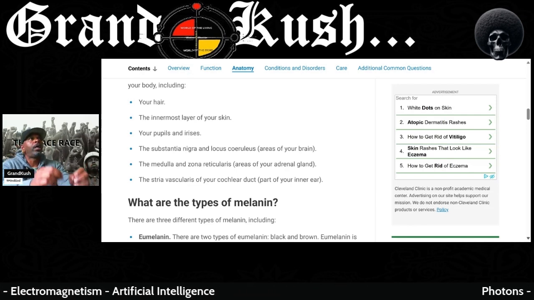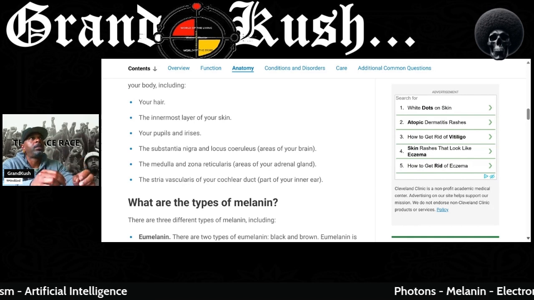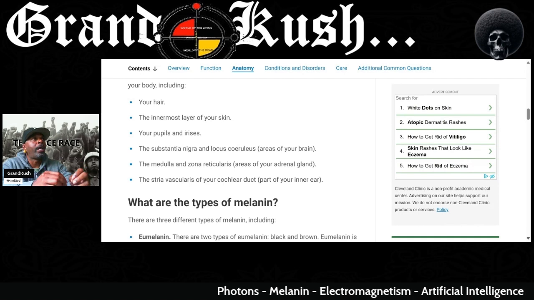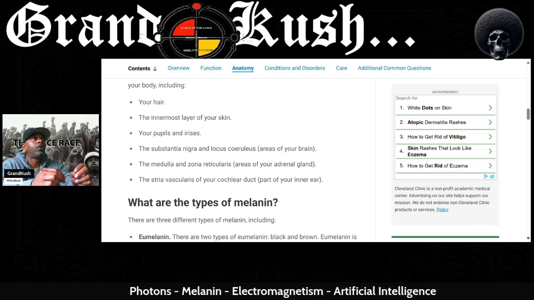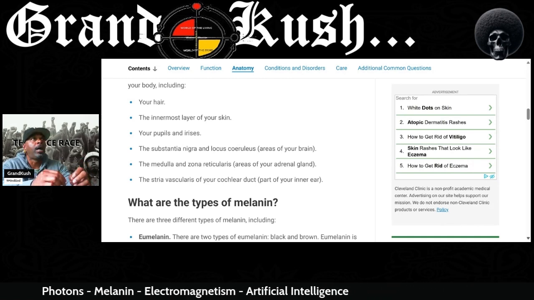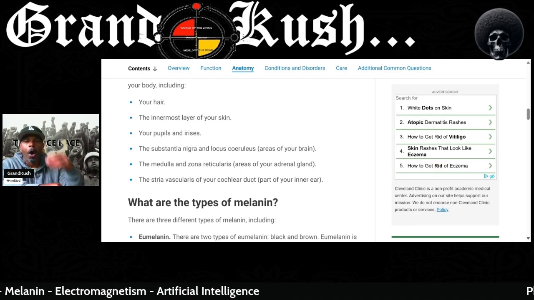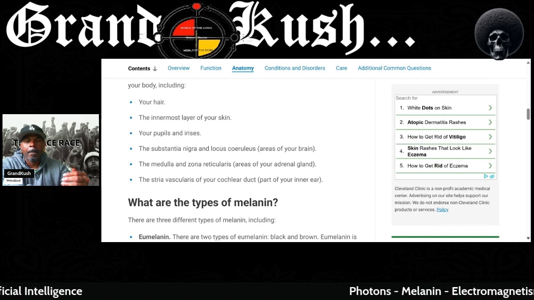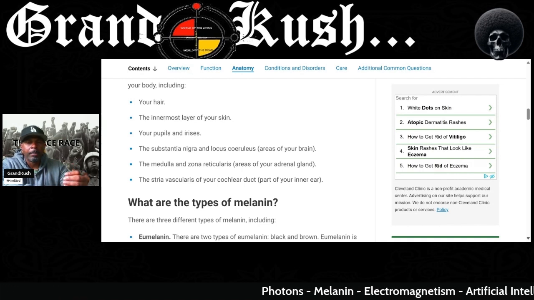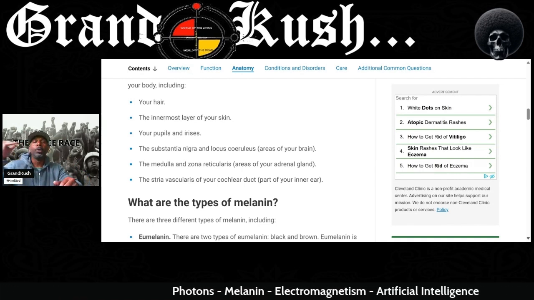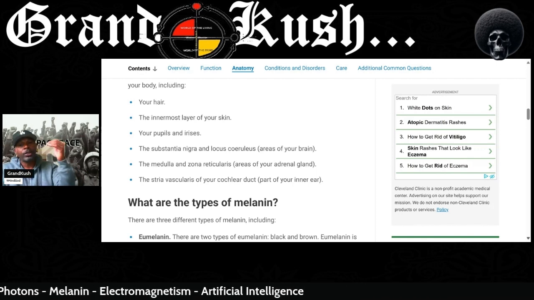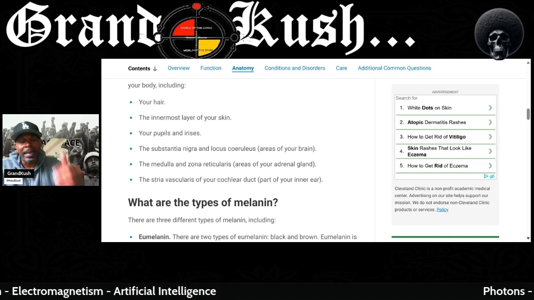The medulla and zona reticularis, areas of your adrenal gland. The stria vascularis of your cochlear duct, part of your inner brain. All requires melanin. Okay. Not the mutated version, the pheomelanin, the original version, eumelanin.